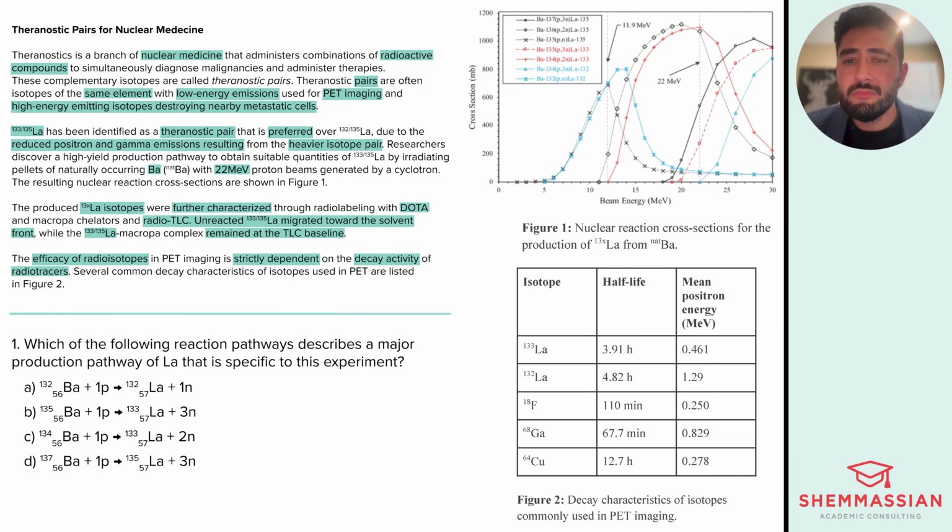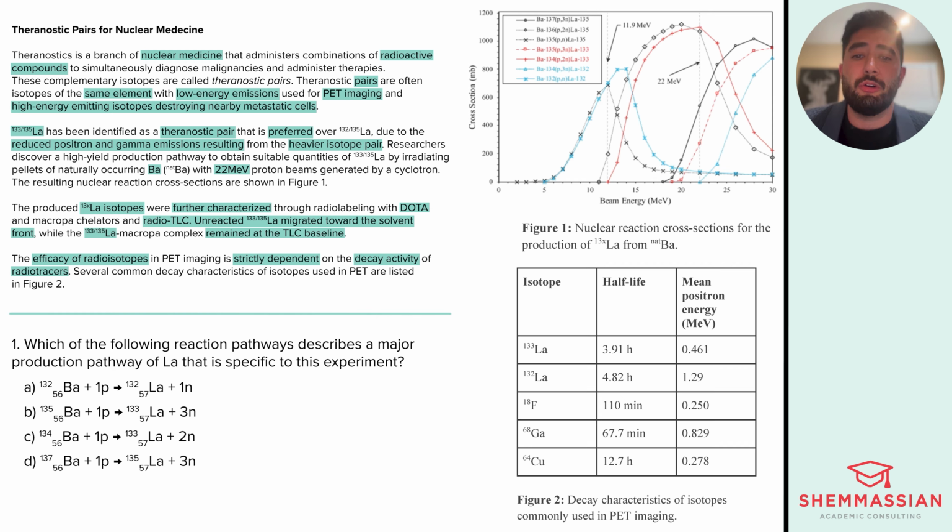So this particular cyclotron, like when we were looking at figure 1, that cyclotron produces isotopes through exchange reactions. And figure 1 states that there were 2 major pathways that are highly likely to take place when beam energy is 22 MeV. And one of those pathways was denoted by a black diamond, and the other pathway was denoted by that red cross. So the reaction denoted by the red cross is noted as barium 134 and lanthanum 133.